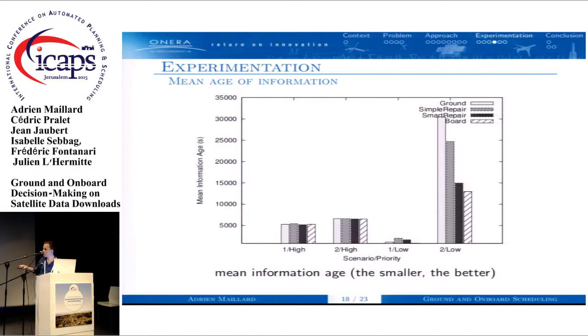Here, the mean information age, that is very important. On the ground approach, we can see that it's the worst, of course, because all the maximum volumes are taken, so there are not a lot of acquisitions that are downloaded. Again, the onboard approaches are the best.